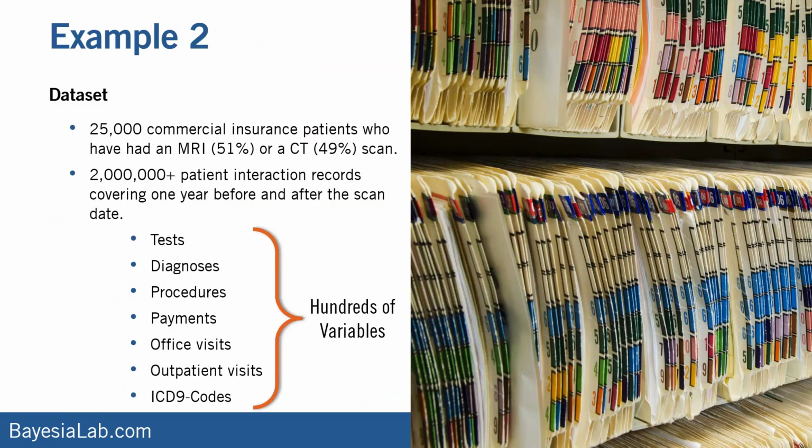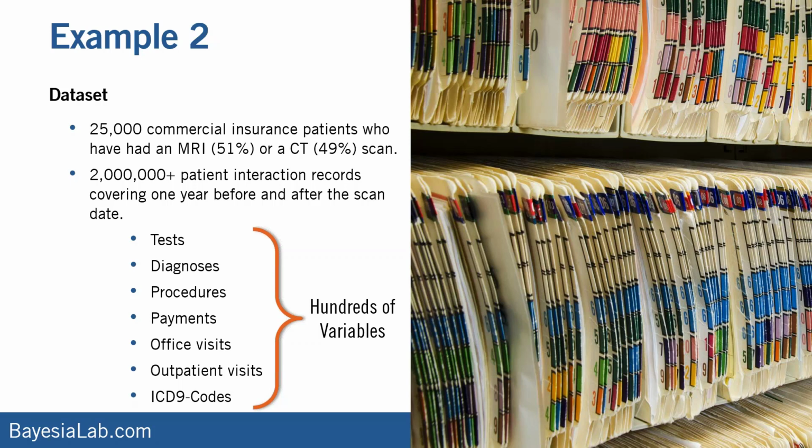So here's our data. We have 25,000 commercial insurance patients who've had either an MRI scan or a CT scan. And for those patients, we have literally millions of patient interactions recorded, including tests, diagnosis, procedures, payments, office visits, inpatient days, outpatient visits, literally hundreds of variables with all the treatments and procedures and the diagnosis coded by ICD-9 code.